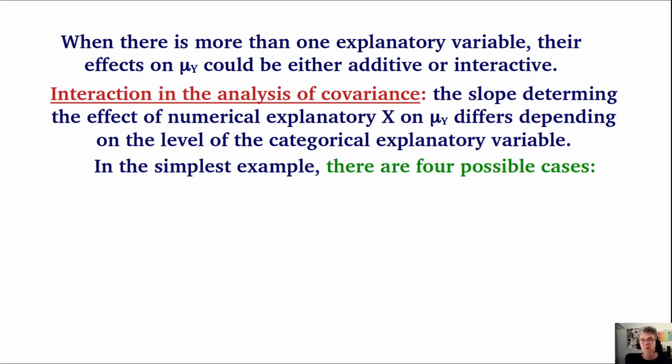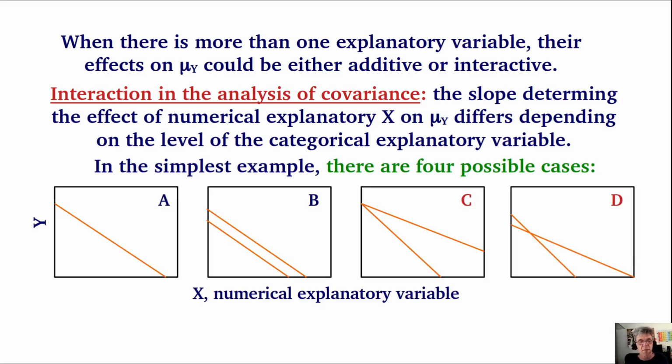In the simplest example, there are four possible cases. Let's see them. In the first, both the intercept and the slope for the two levels of the categorical explanatory variable are identical. Therefore, there is a single universal relationship between y and the numerical explanatory variable.